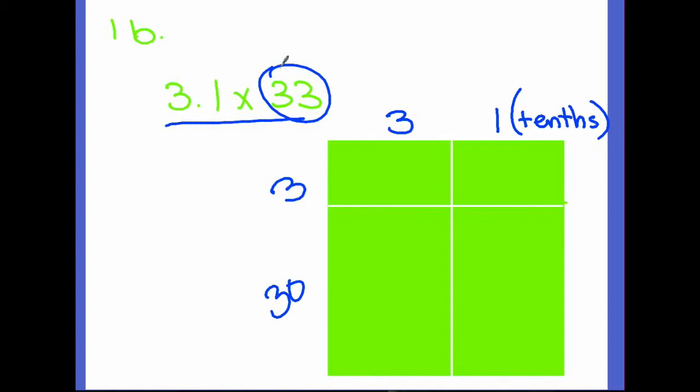You say 33. And when you express that on here, you put a 30 and a 3, right? Well, we said 31 tenths. So what am I missing? Add a 0 behind the 3.